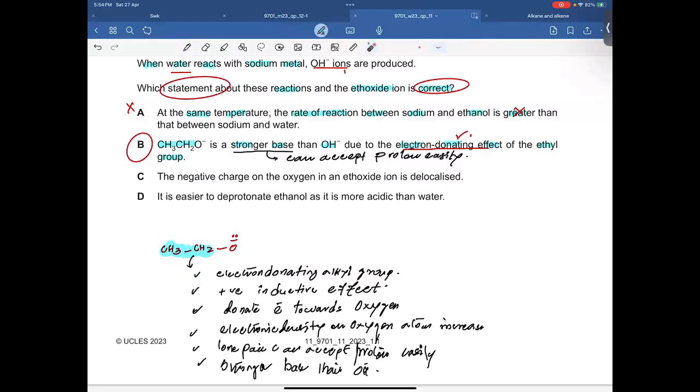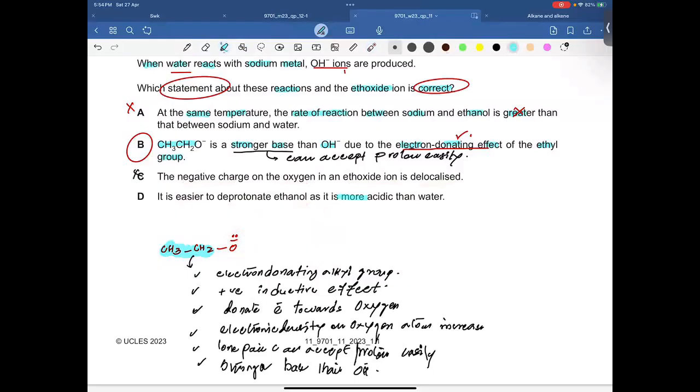Next, statement C: the negative charge on the oxygen in ethoxide ion is delocalized. Well, this oxygen has a negative charge and it cannot delocalize because of the absence of a carbonyl group. All right. So it cannot be delocalized. Next: it is easier to deprotonate ethanol as it is more acidic than water.